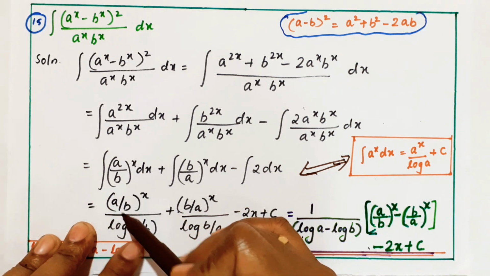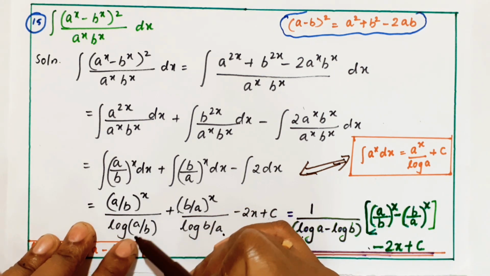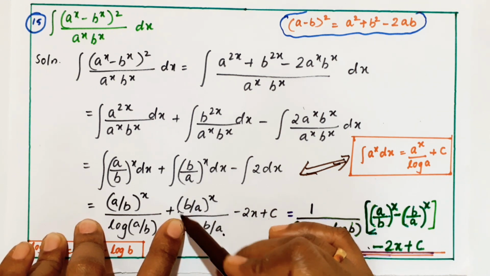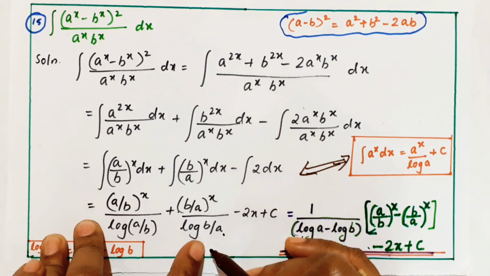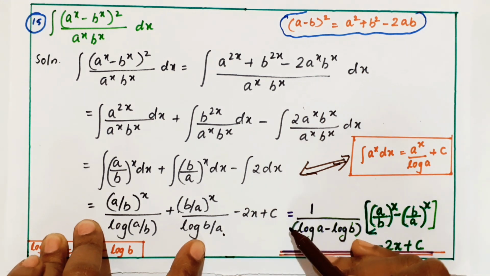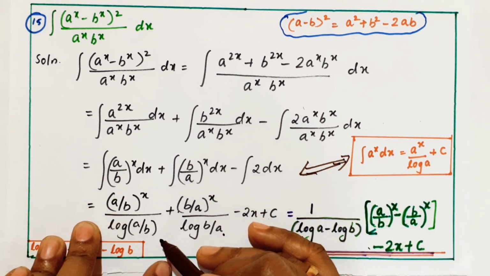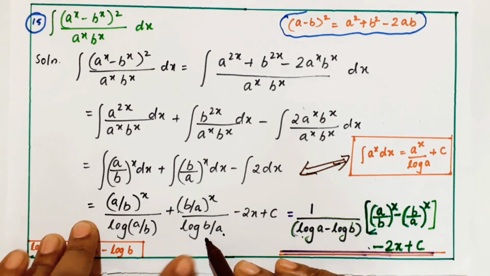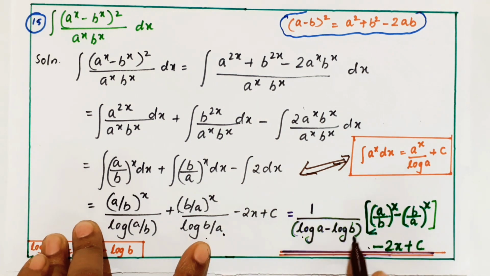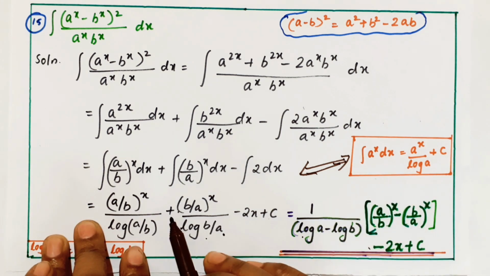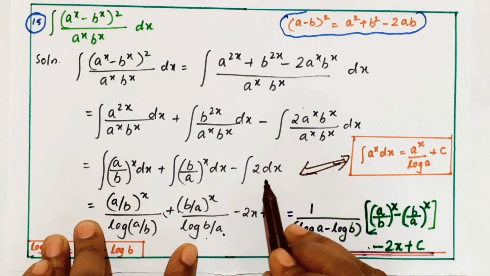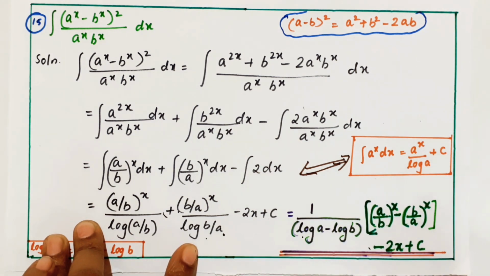So it is (a/b)^x by log of a/b, plus second term, what is the value of a? b/a, (b/a)^x by log b/a, minus 2x plus c. Then I told, what is log a/b? It is log a minus log b. But in the second term, it is b/a, and I have taken a/b as common, so this minus will come in the middle. Here this plus will change to minus. Integral of 2 dx is 2x plus c.